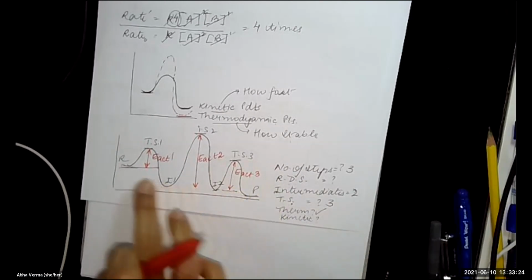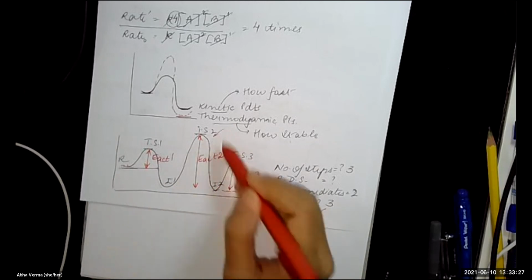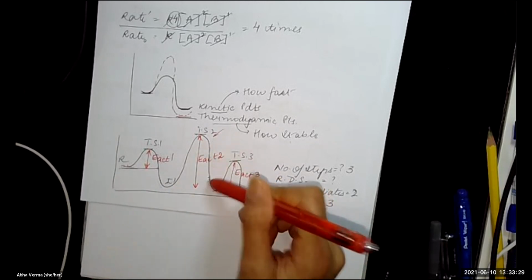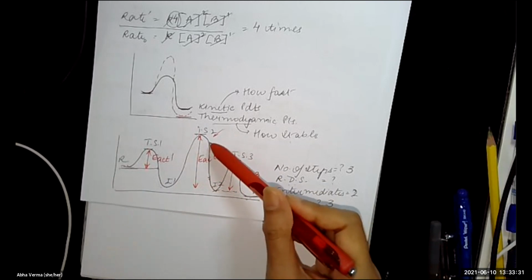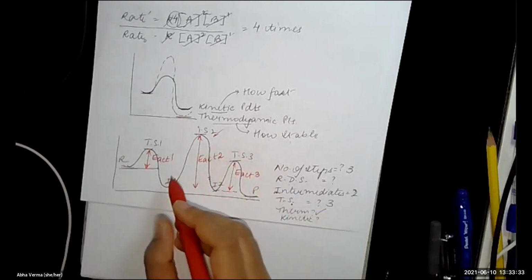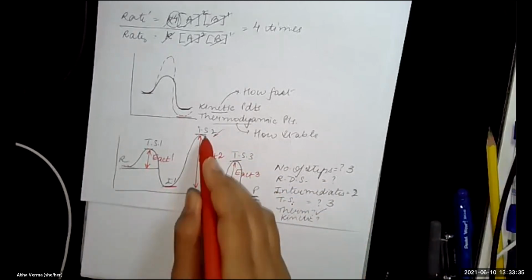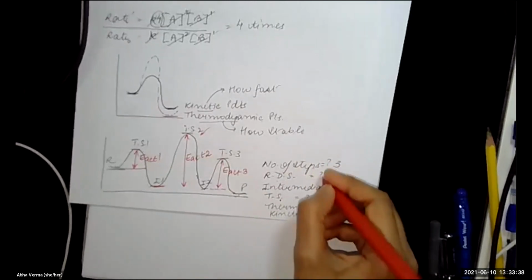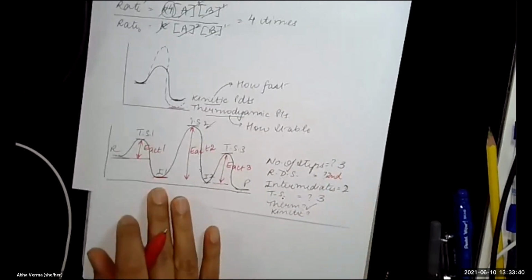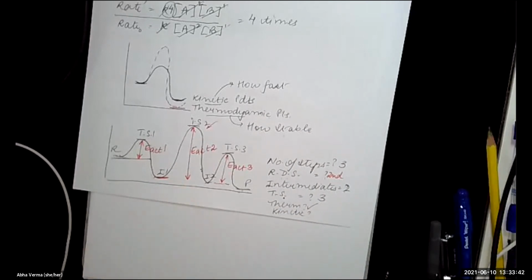But among all of these 3, this will take the most time. More E activation is needed, more time will be needed. And so from this step to this step, the second step, will be the rate determining step. So very good.